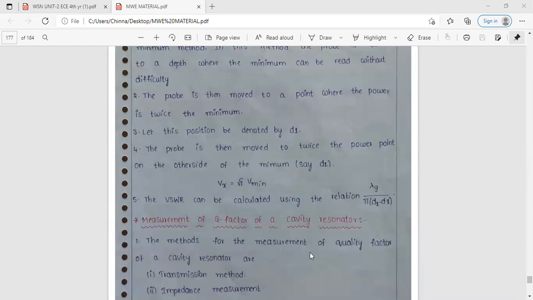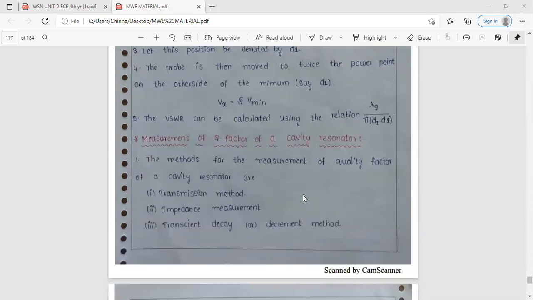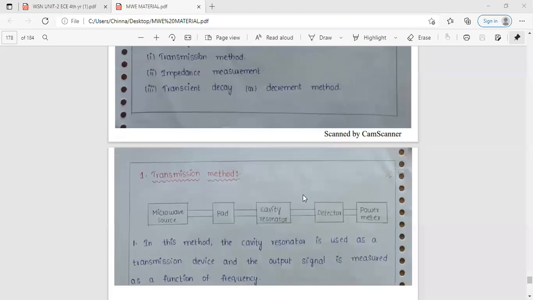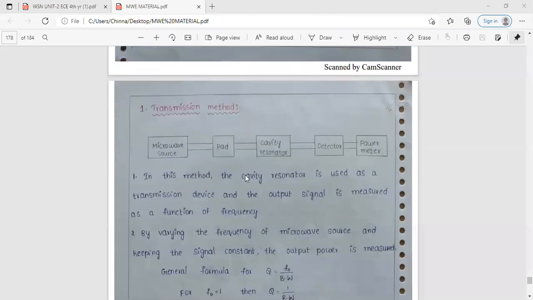And coming to the measurement of the Q factor of the cavity resonator. Here we have three types of measurement: transmission method, impedance method, and transient decay and decrement method. Here you can see the transmission method. You can use the cavity resonator here, and it depends on the frequency. Whenever the operating frequency is varied, you can find the output power, and based on that it will be calculated.